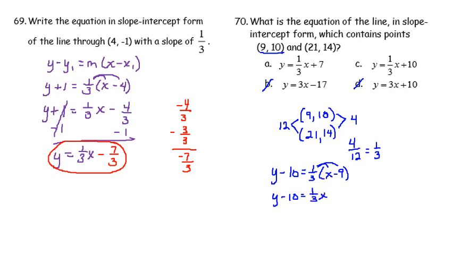And then I do -9 times 1 divided by 3. That gives us -3. Add 10 to both sides. And y equals 1/3 x plus 7. So our answer here is A.